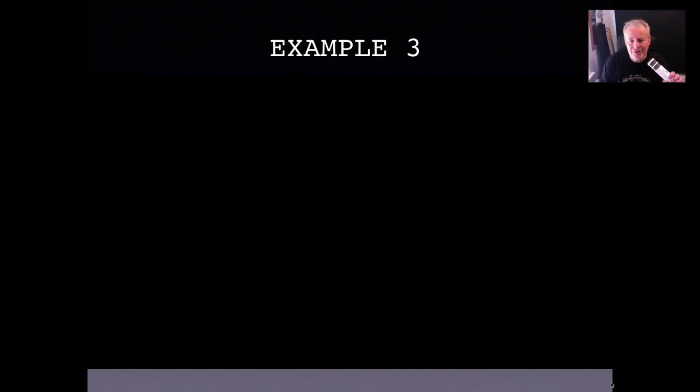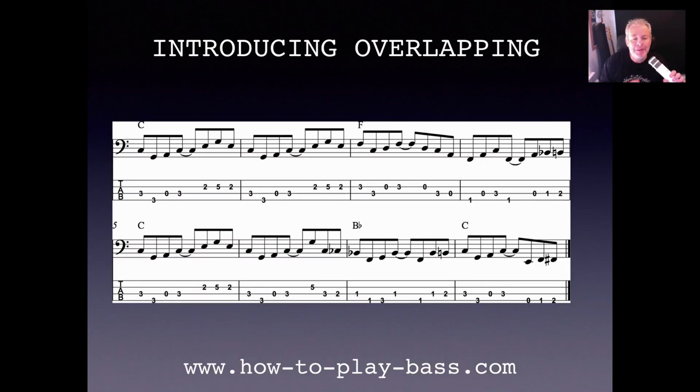And we can take this concept even further, and we can put a device on the front end of the bar. The backing in the practice track has now changed to more of an R&B kind of feel, same chord progression though. In this example we've got a device on the front end of each bar, and the device on the front end of the bar finishes on the end of beat 2 on the same note, which is the root note, as the device starting on the back end of the bar.